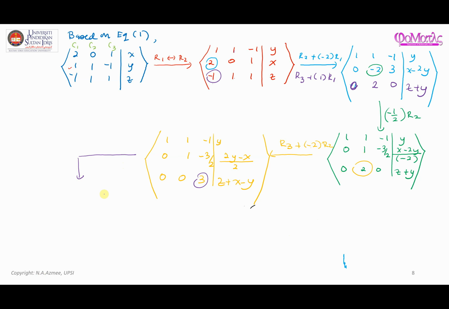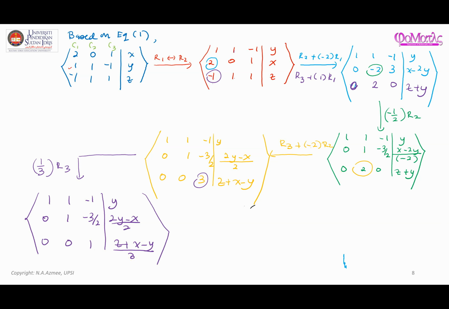So that will be multiplying 1 over 3 with the third row, and the result that I will get is 1, 1, negative 1, y, 0, 1, negative 3 over 2. Here is 2y minus x over 2. And finally here is 0, 0, 1, z plus x minus y over 3. So this is the REF, and I'm just going to stop right here.